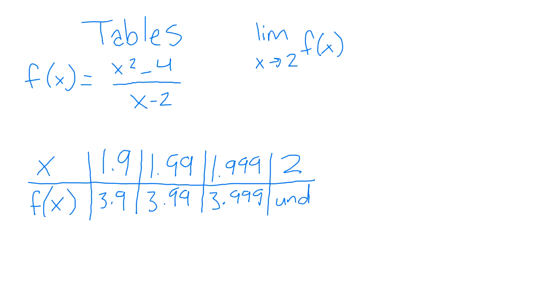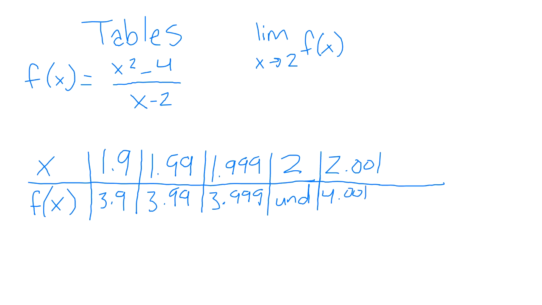Now let's keep going a little further on the other side. We can get an idea right now of where our limit at x equals 2 is approaching, but we need to check both sides to make sure there's nothing weird going on with the graph. At 2.001, we get 4.001.